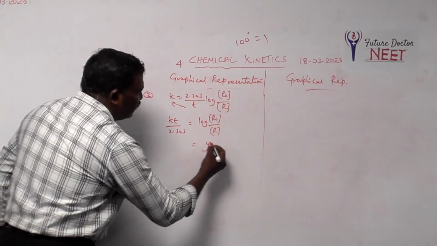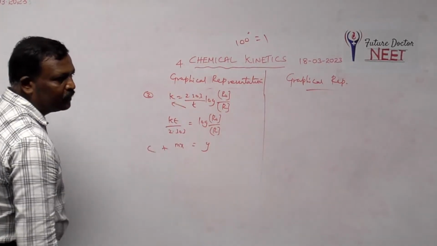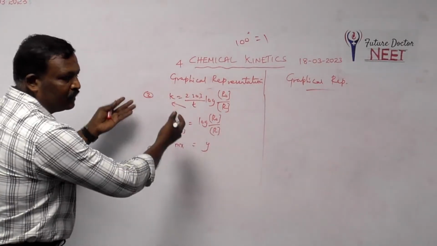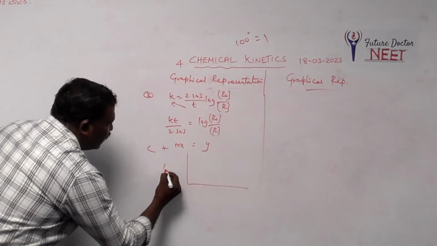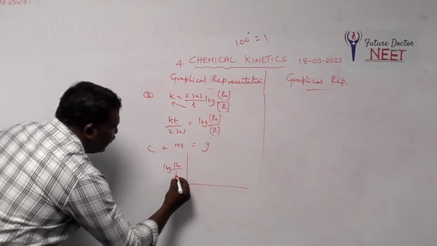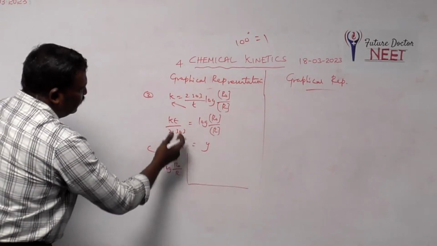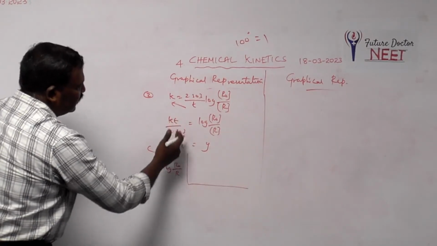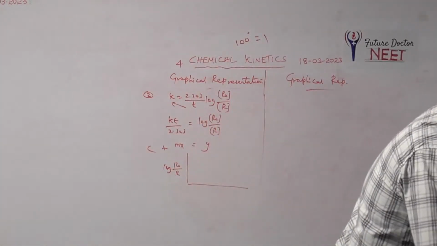This is y is equal to mx plus c. On the y axis I am taking log r naught by r. On the x axis I am taking t only. This is called m.